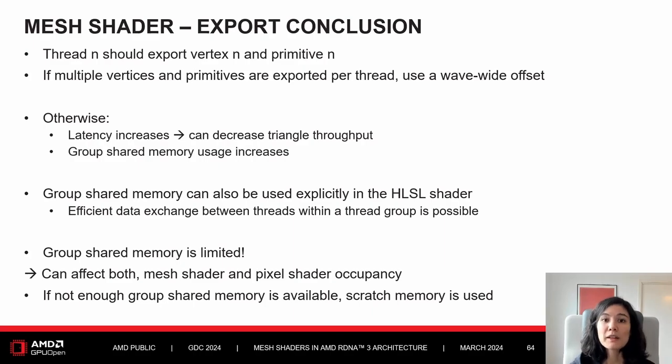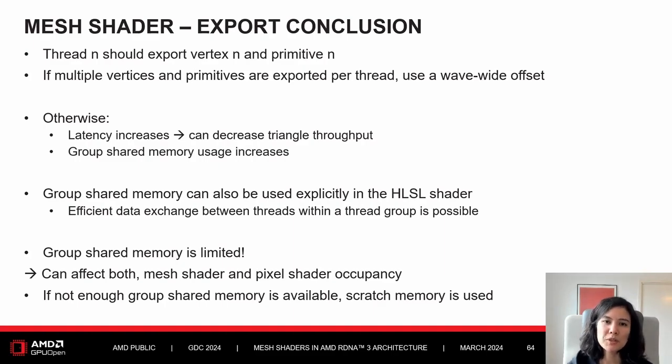Also, you can use group shared memory explicitly in your mesh shader code to exchange data between threads within a thread group. However, group shared memory is limited, and also, as already mentioned, it can limit the maximum occupancy of your mesh shaders.